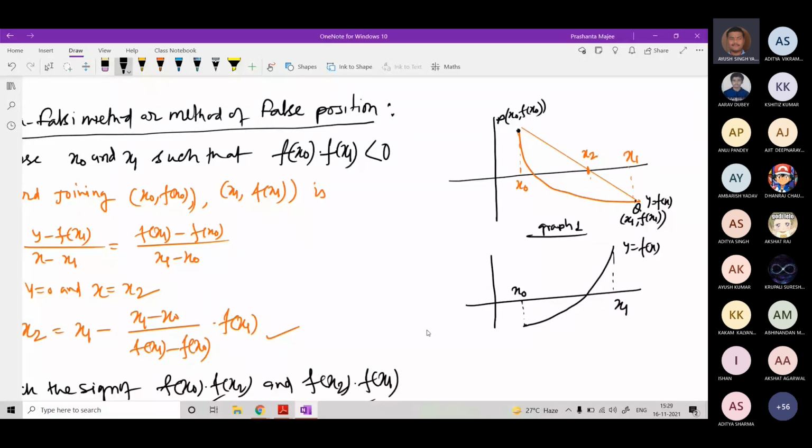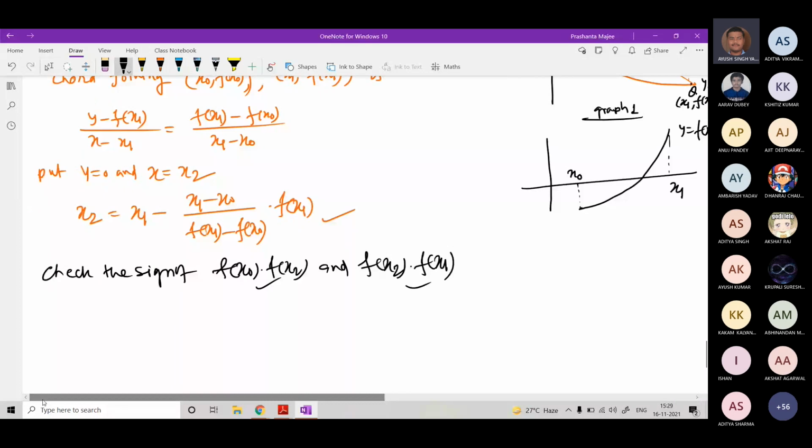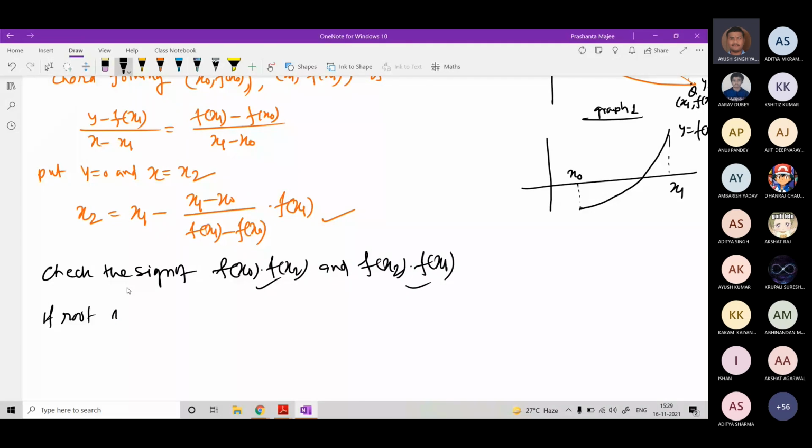In the current scenario, in graph 1, if the root lies in x0 to x2, how will you calculate x3? Tell me the formula for x3.